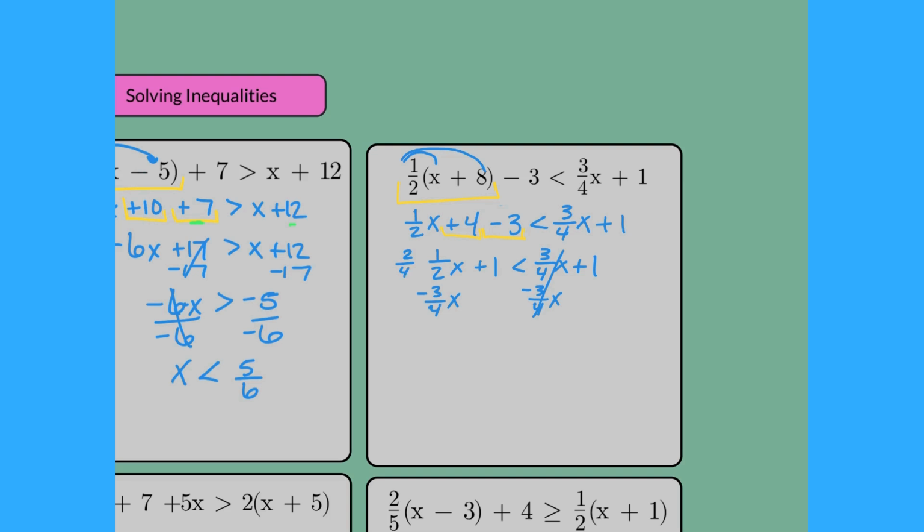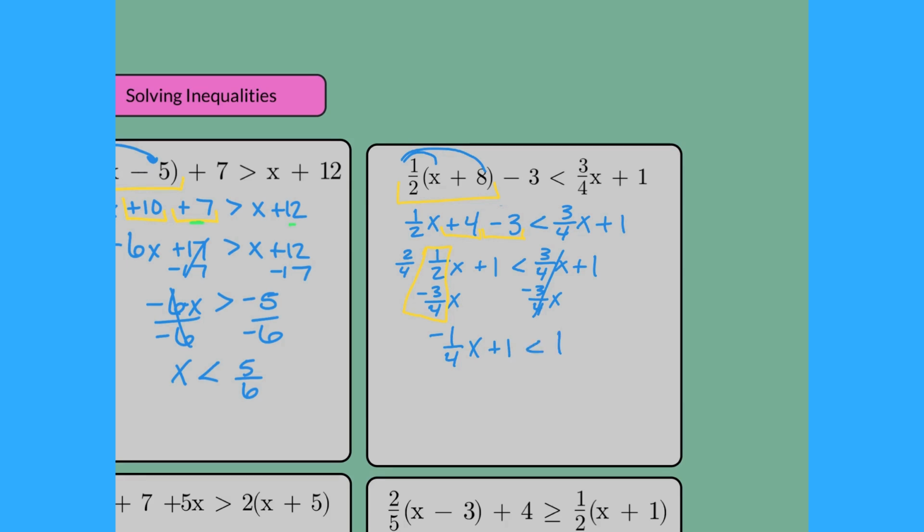Multiply both by 2. So we'll really do 2/4 minus 3/4 is negative 1/4 x. Or instead of doing common denominator, you could just put 1/2 minus 3/4 in your calculator. That works as well. Then I still have plus 1 is less than 1.